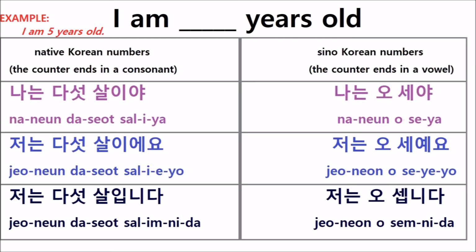I'll use 5 years as an example. 나는 5살이야. 나는 5세야. 저는 5살이에요. 저는 5세예요. 저는 5살입니다. 저는 5세입니다. If you want to learn more about counters and the two Korean numbering systems, click their links in the description.